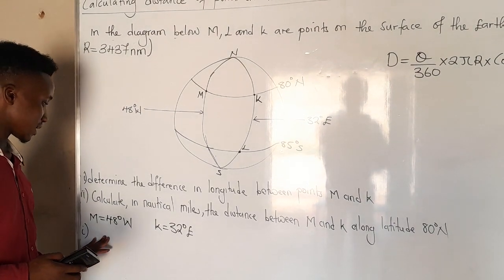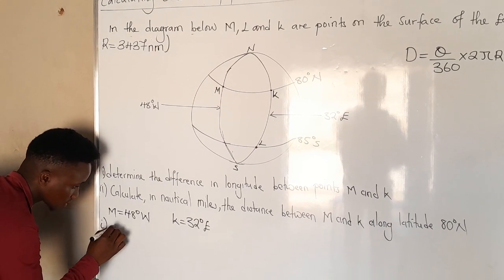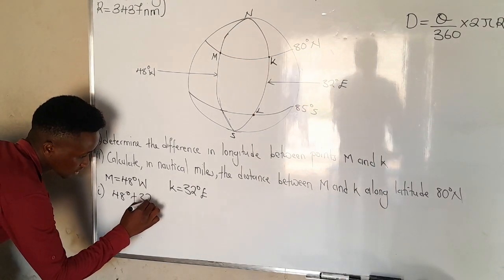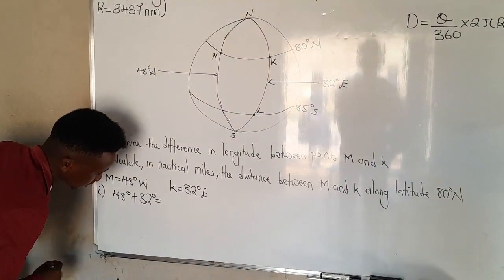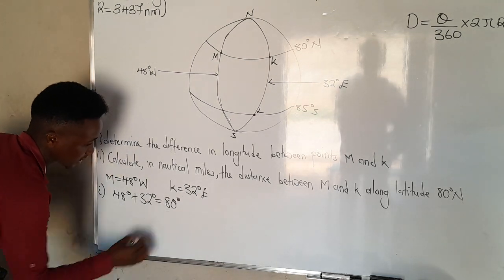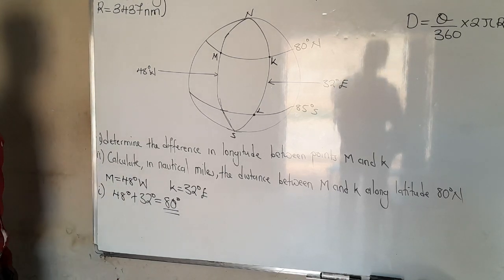So I will say 48 degrees plus 32 degrees, and this will give me 80 degrees. So the difference in longitude between M and K is 80 degrees.